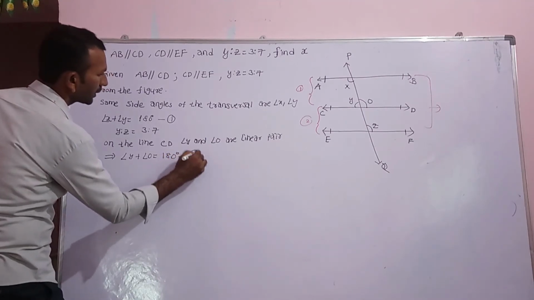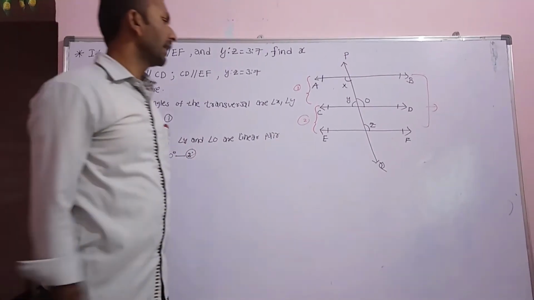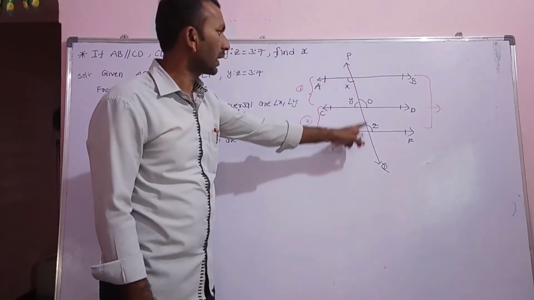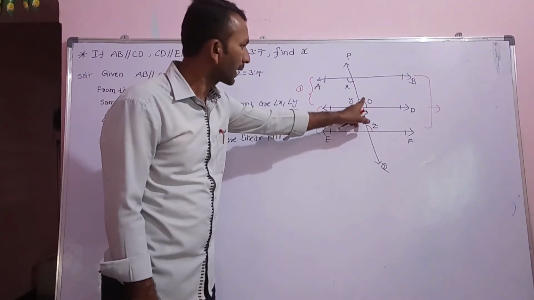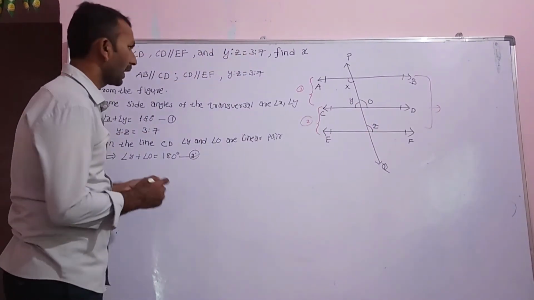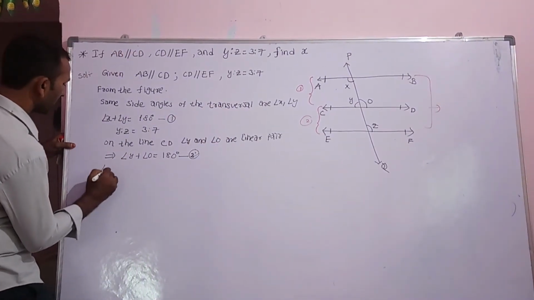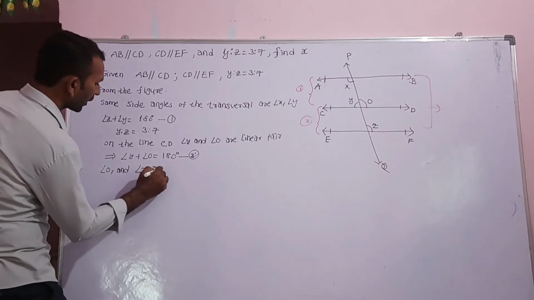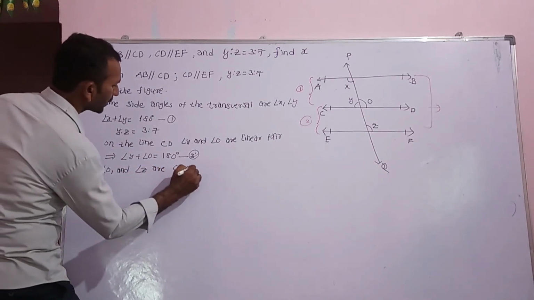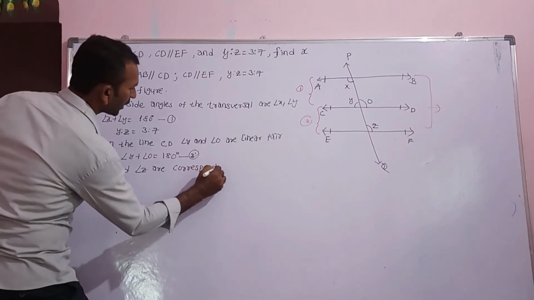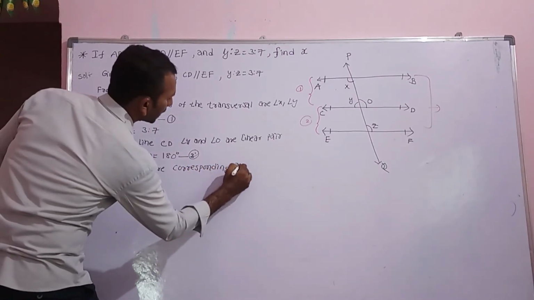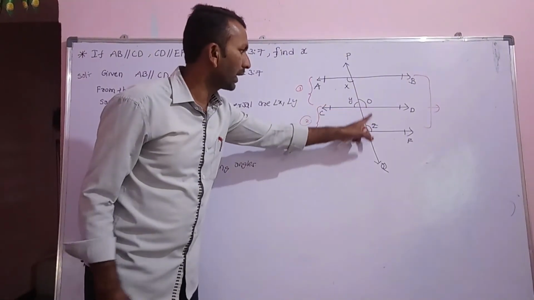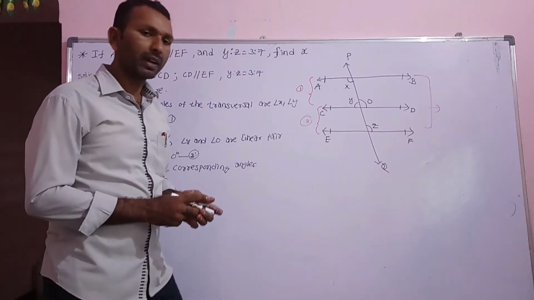This is equation 2. Another one: if PQ is a transversal line, angle O and angle Z are corresponding angles.